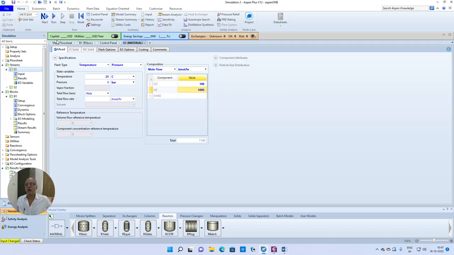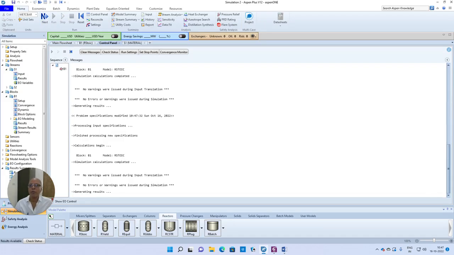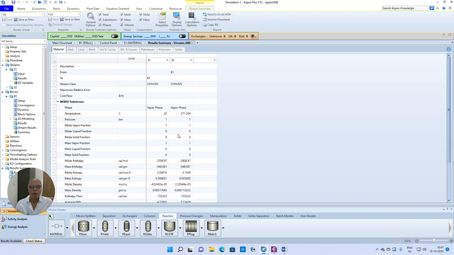So with this change, what will happen to your adiabatic reaction temperature? What do you expect? Will it increase or decrease? You should be able to analyze the problem, in fact, before looking at the results. Now you can see the temperature came down to 271. Why is it so?